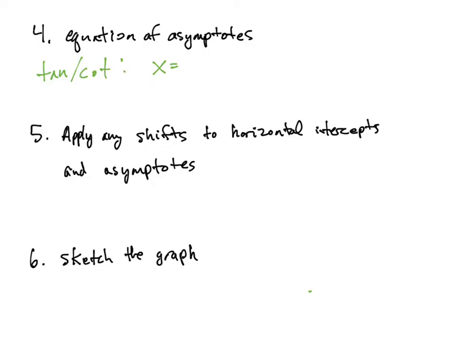The simplest way that I know how to explain this is pick any asymptote, and then what we're going to do is add k times the distance between asymptotes.